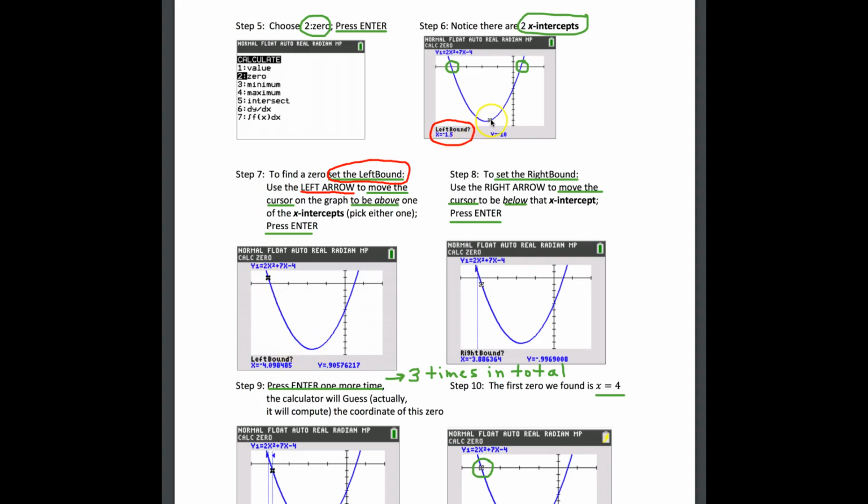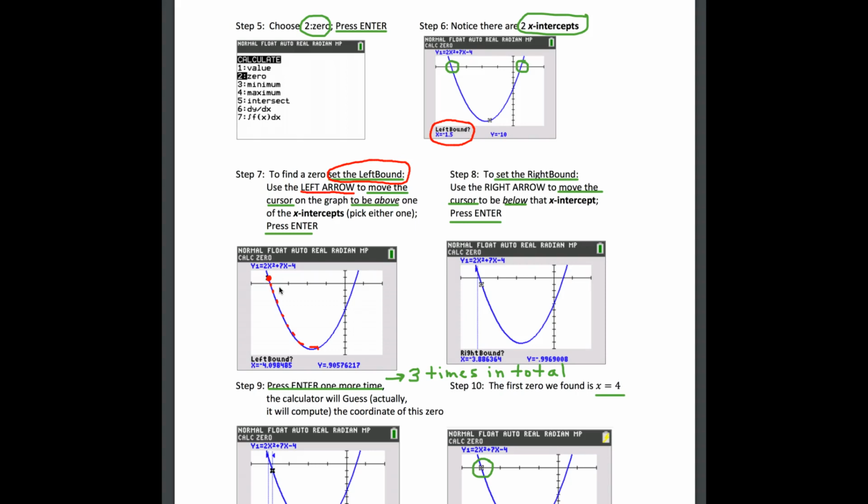Here my cursor started out about here. If I use my left arrow, it's going to travel along the curve, and I want it to go a bit to the left in x values, past that x-intercept. So here I would say that would be my left bound.